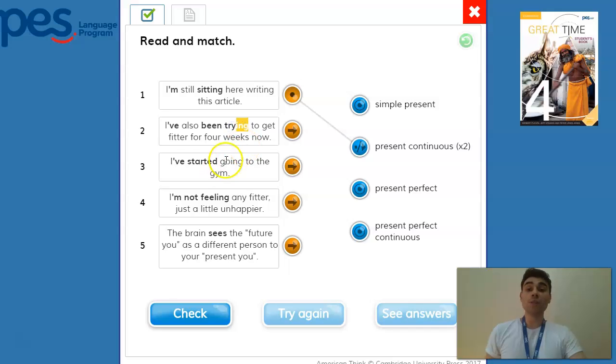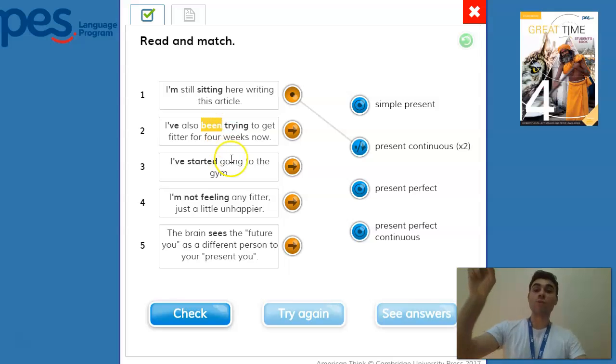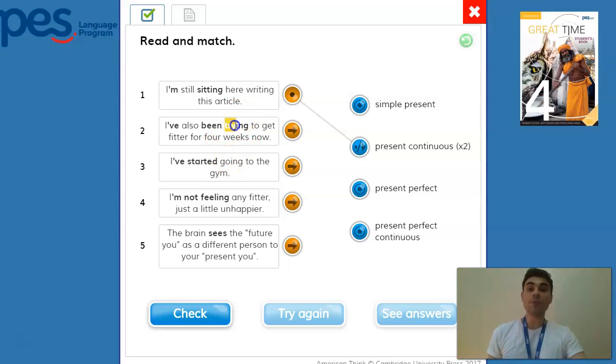Yes? So what does it mean? It means that we have the present because it's have, also the perfect because we are using have here as an auxiliary verb, and it modified the verb to be into the third column, right? So I have also been, and we still have the verb try in the ing form.